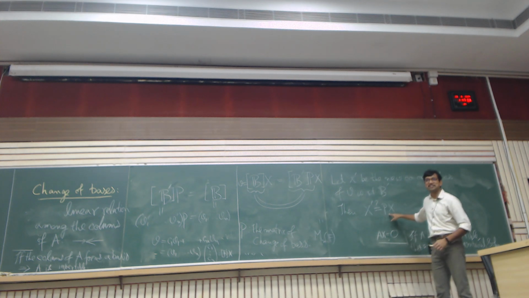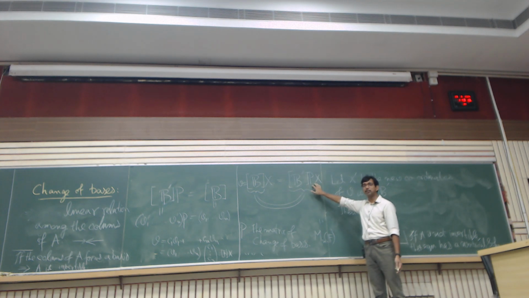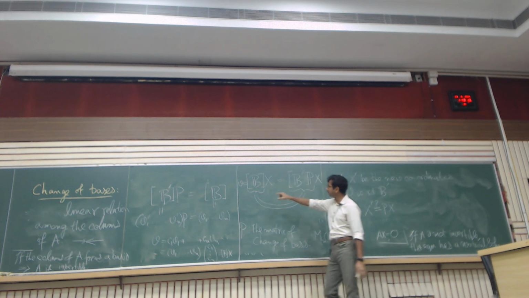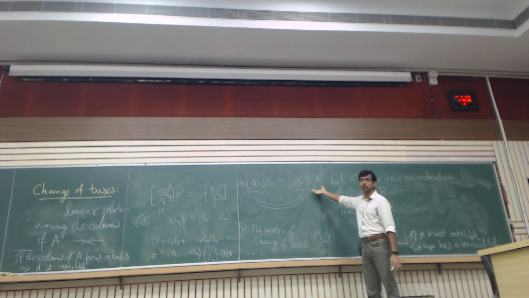We can always say this because P is the matrix of change of basis. You are multiplying with x, you are getting some expression, and that should be the unique expression for v with respect to the new basis, because there is only one expression. So if you have some expression representing v in terms of the new basis, then this is going to be that unique expression.